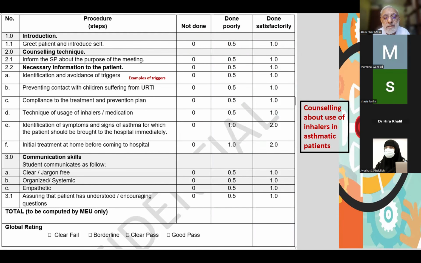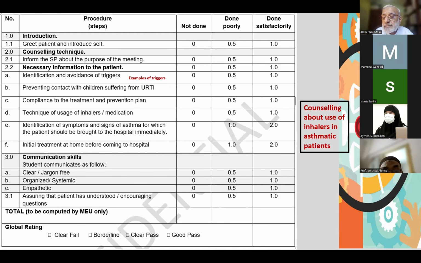Now look at this. This is a marking scheme of an OSCE, and the station is counseling about the use of inhalers in asthmatic patients. There is an introduction: greet the patient and introduce self.